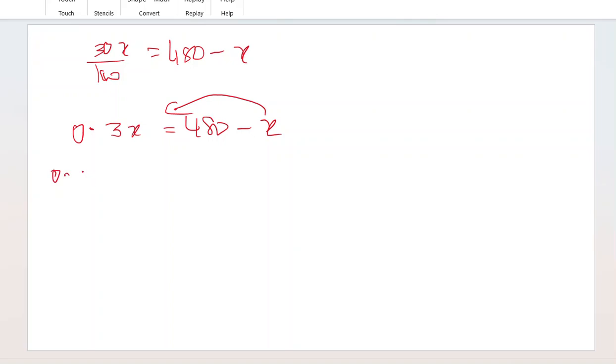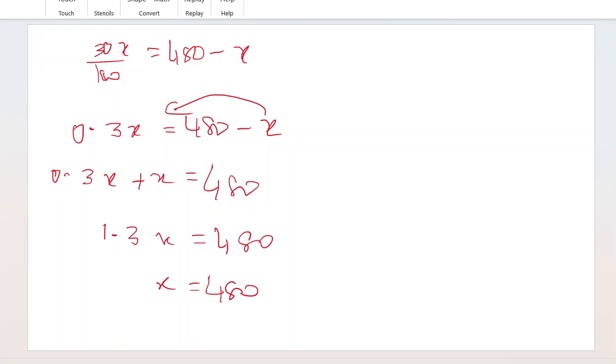I'll get 0.3X plus X is equal to 480. When I do 0.3 plus 1, I get 1.3X is equal to 480, and therefore I get X is equal to 480 upon 1.3. 480 divided by 1.3, I get X as 369.23 as the answer. So this solves the problem.